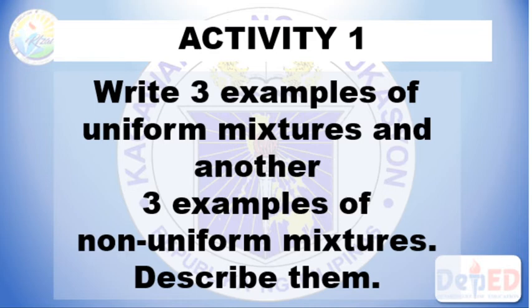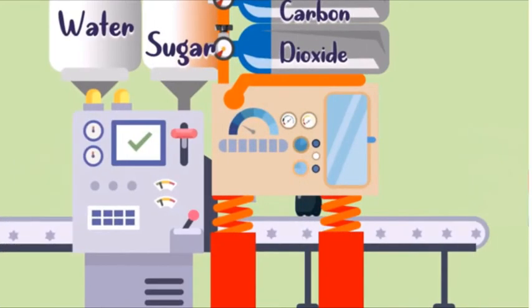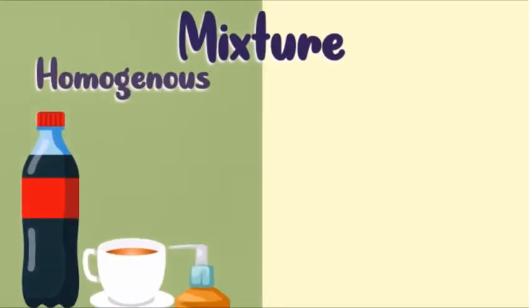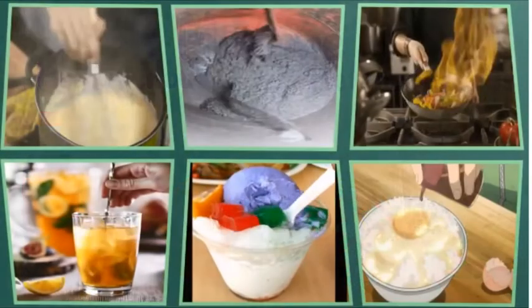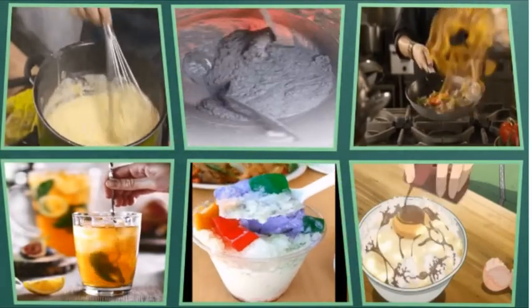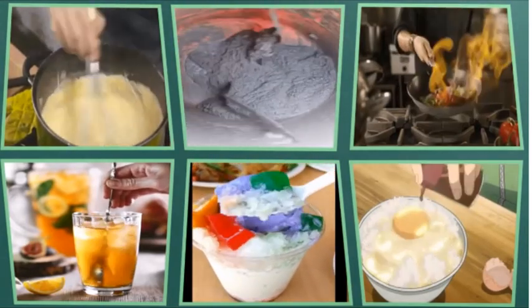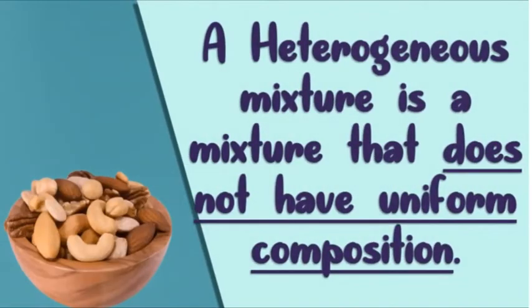Now, to sum up everything, watch this. Mixtures can be homogeneous or heterogeneous. Mixtures can be combined in different ways and are classified as either heterogeneous or homogeneous. A heterogeneous mixture is a mixture that doesn't have uniform composition.